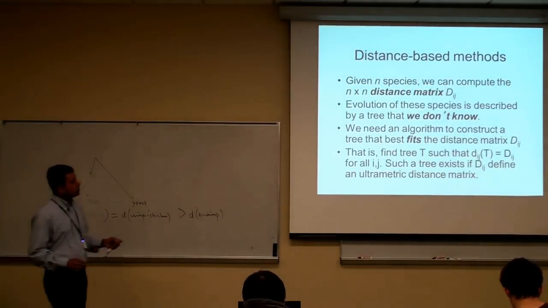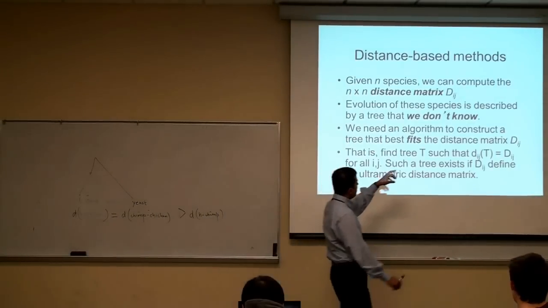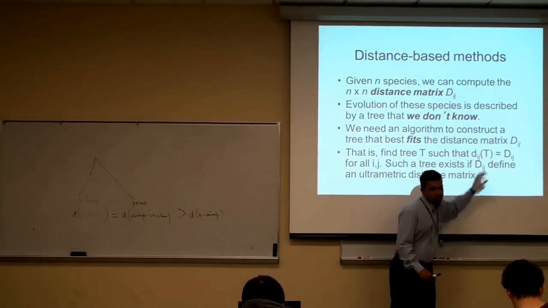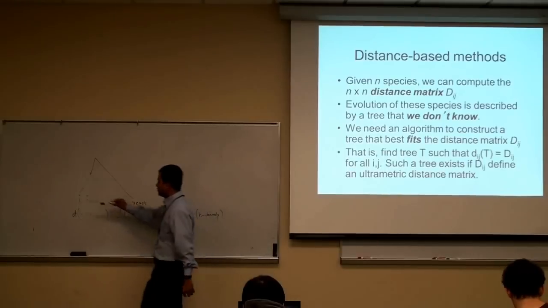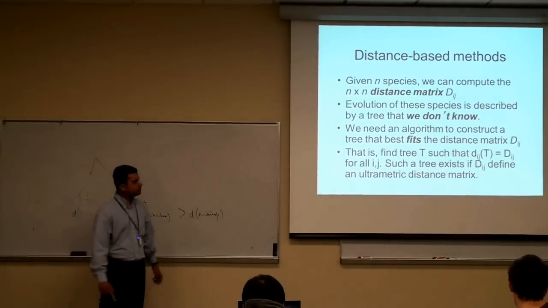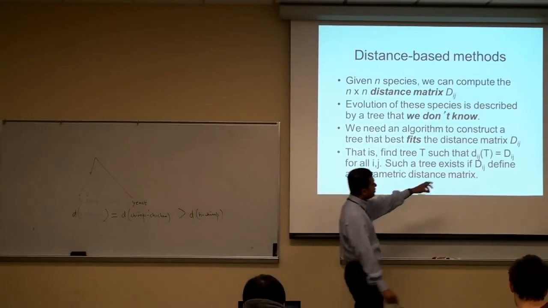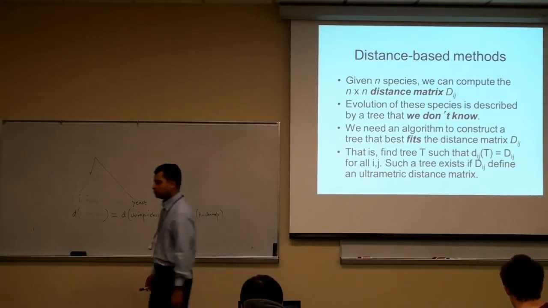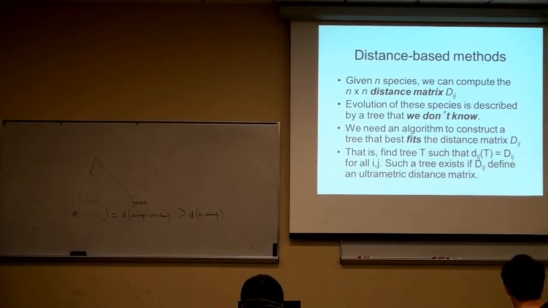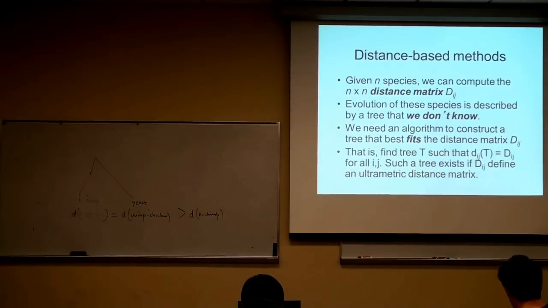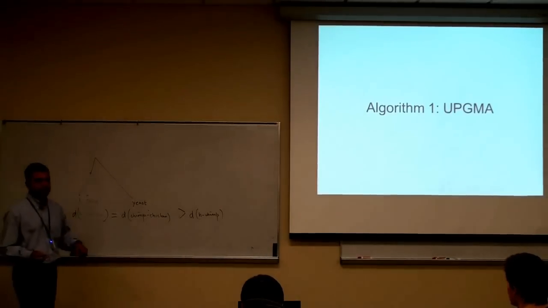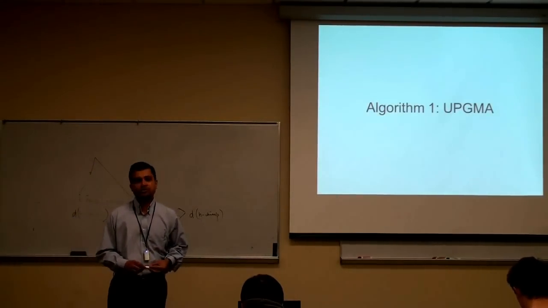In other words, you find a tree T such that Dij of T, this is just the path length between i and j in the tree, is equal to the corresponding pairwise distance for every pair. And such a tree exists if the given matrix was ultrametric. I've already stated that. So let's look at one algorithm that will do something like this, that will produce a tree.